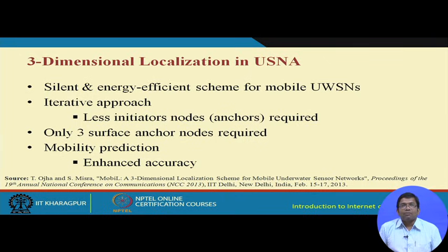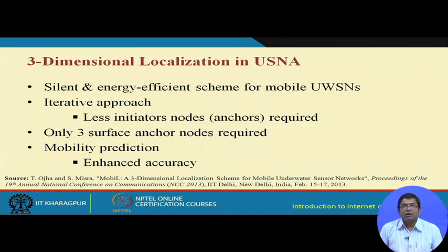Localization is another problem. The localization problem is concerned with how to localize the different nodes in the network. As I said, the underwater environment is highly dynamic and highly chaotic, and localizing the position of the different nodes is highly challenging as well. There are again a lot of works that have been conducted on this particular problem.